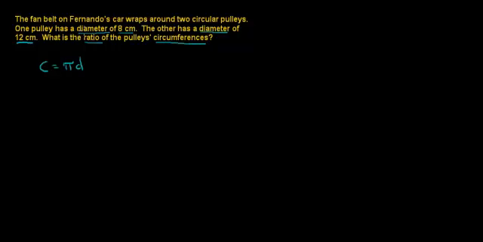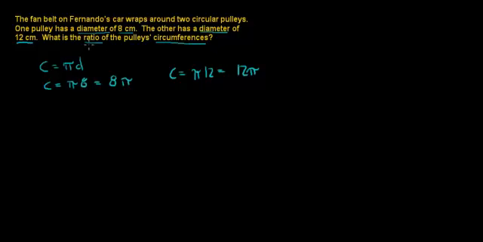So the first pulley is 8 centimeters for the diameter. So it would be circumference equals pi times 8, or we would express that as 8 pi. The pi symbol always follows the constant. The second diameter is 12 centimeters, so C equals pi times 12, or 12 pi.